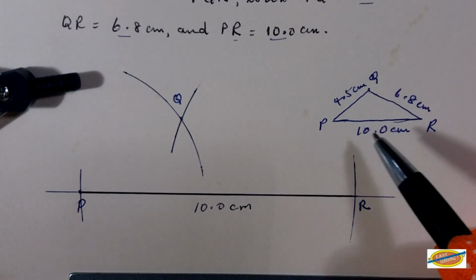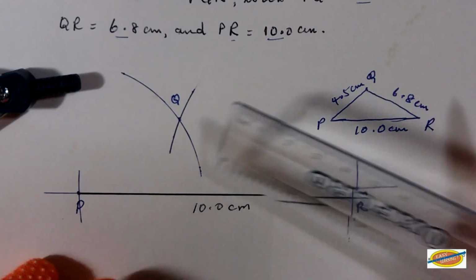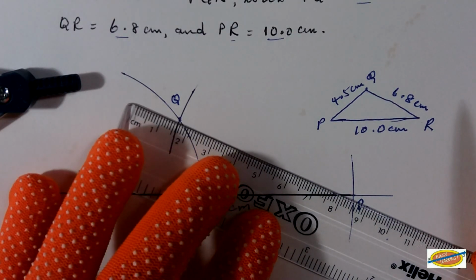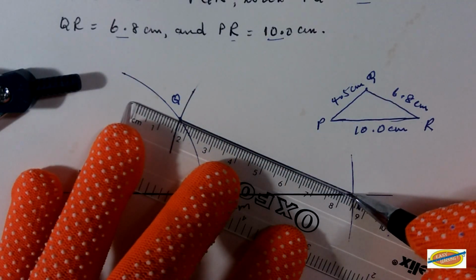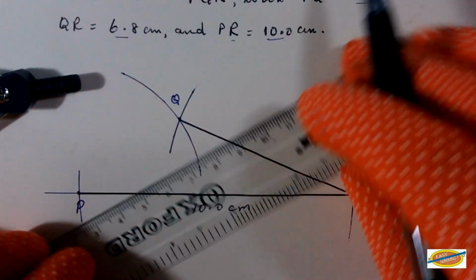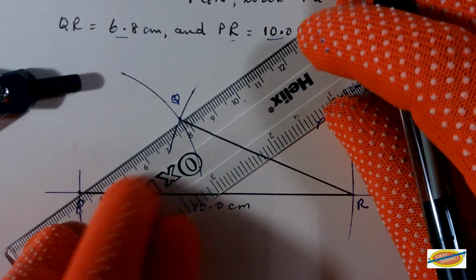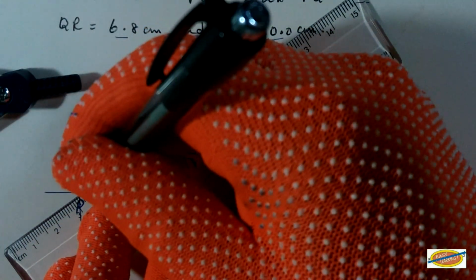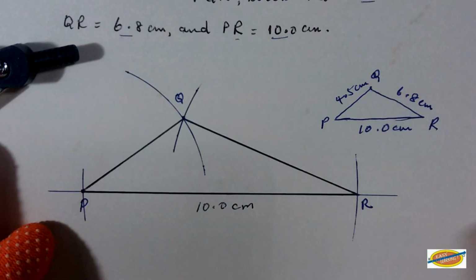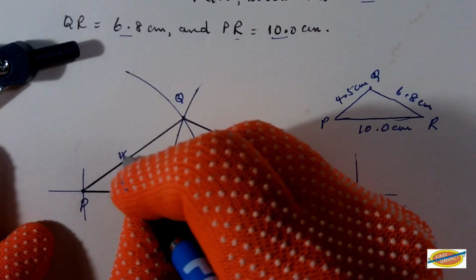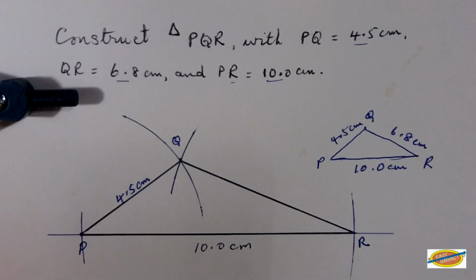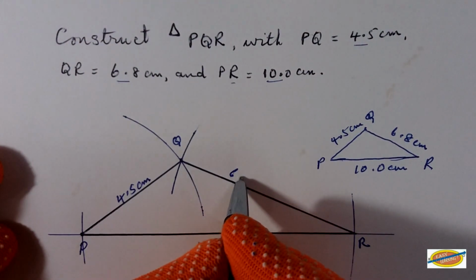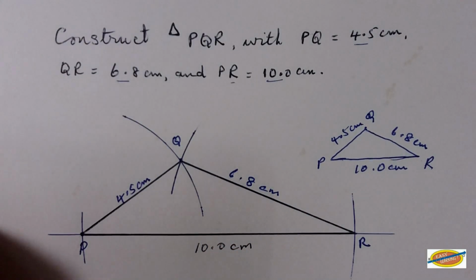So all I need to do now is draw a bold line from here to there, and then from here to there, and write in the dimensions 4.5 centimeters and 6.8 centimeters.